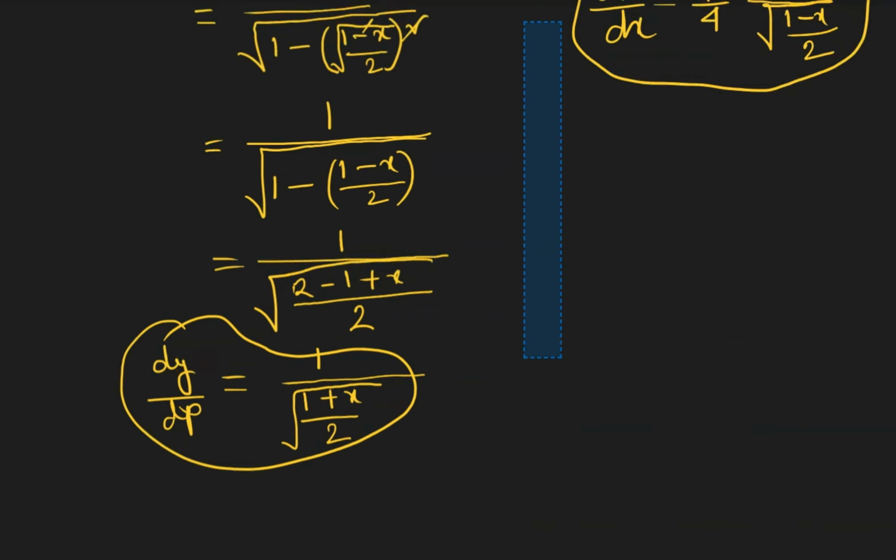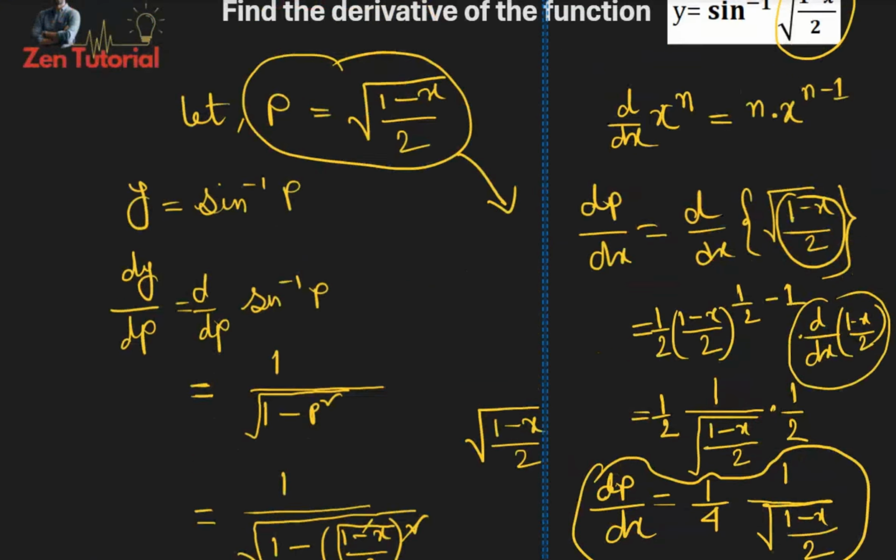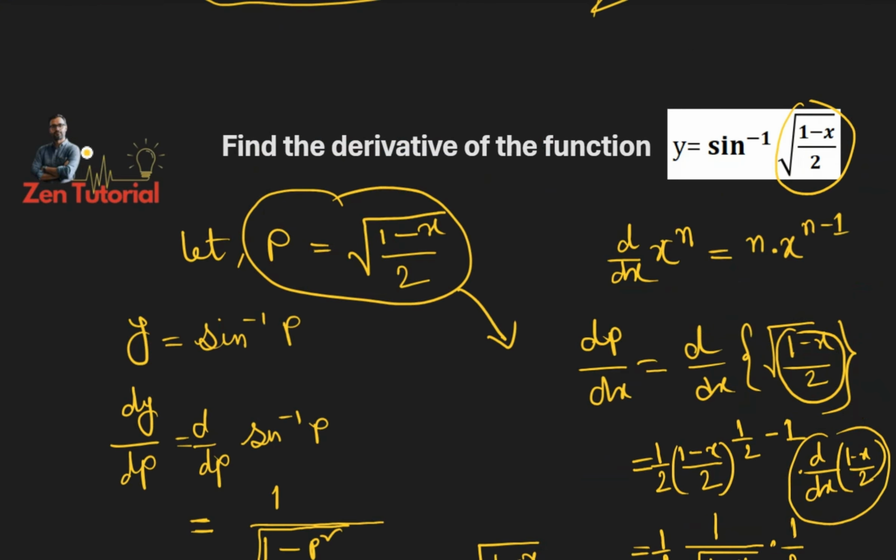But what is our main function, by the way? Our main function is y equals sine inverse of square root of 1 minus x over 2. So we have to determine dy over dx, right? Because the variable is x and the main function is y, that's why we have to determine the value of dy by dx.